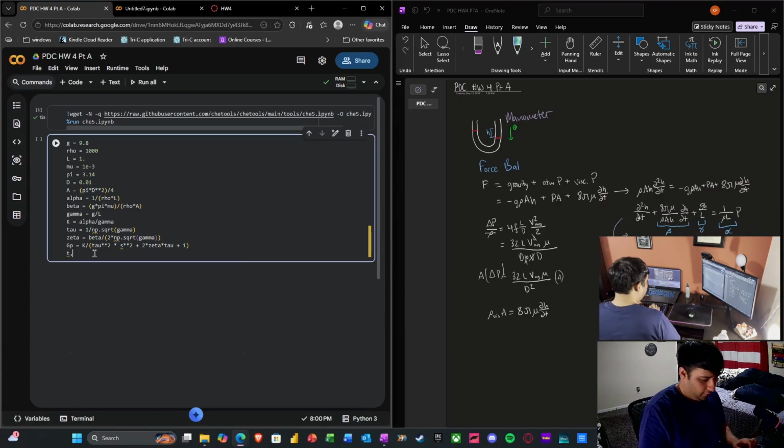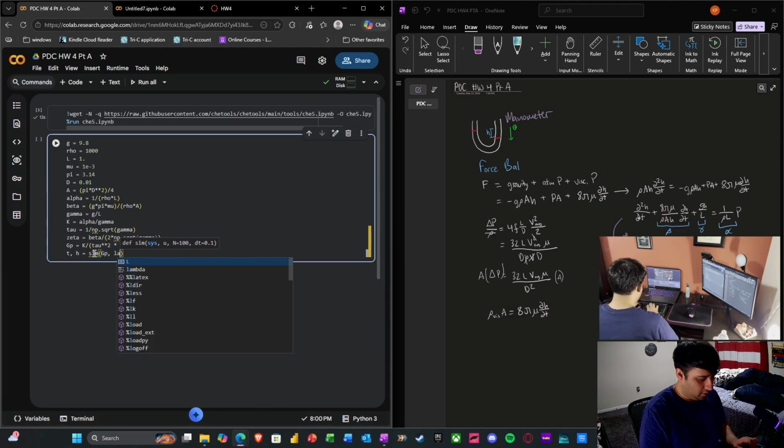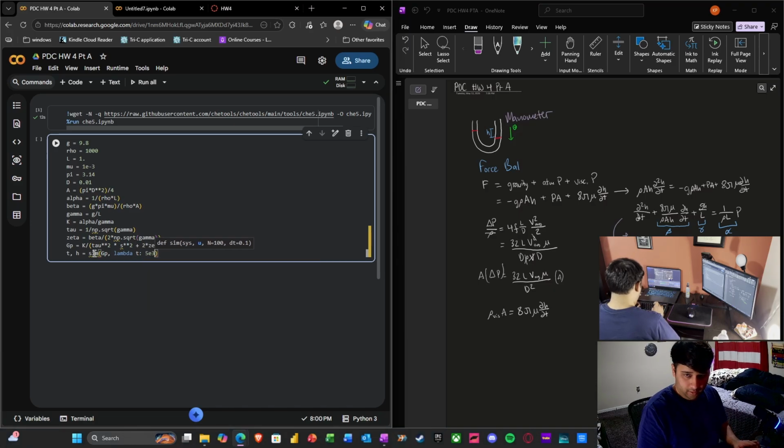And then for our variables t and h, do sim gp lambda t colon of 5e3, which equals 1000, and then dt, which is 0.1.